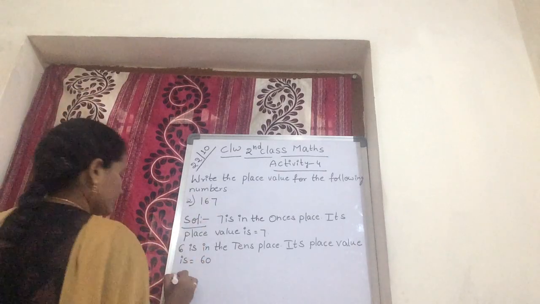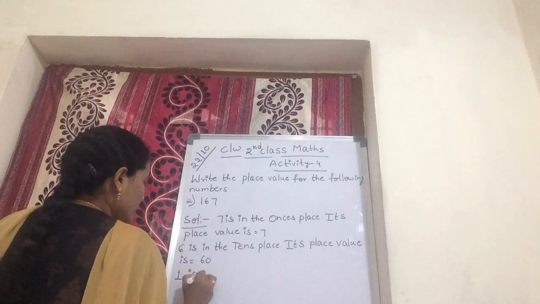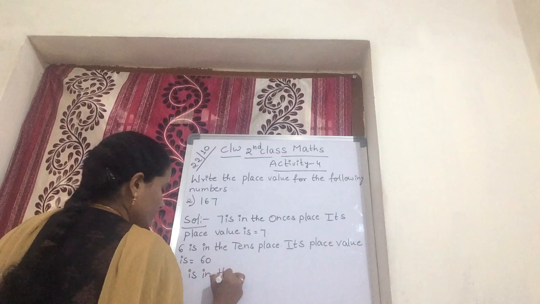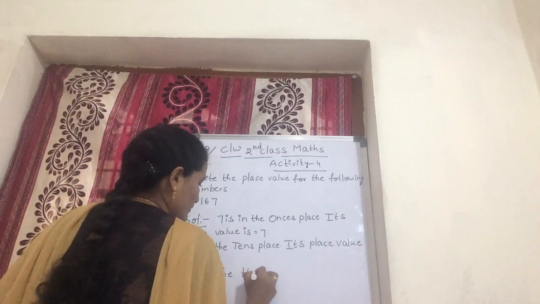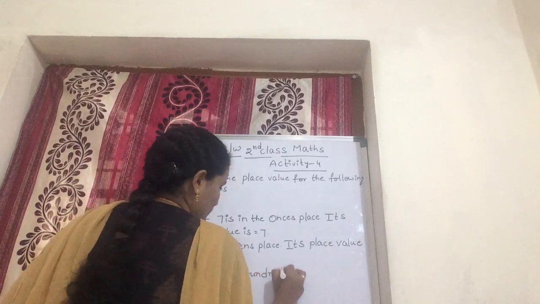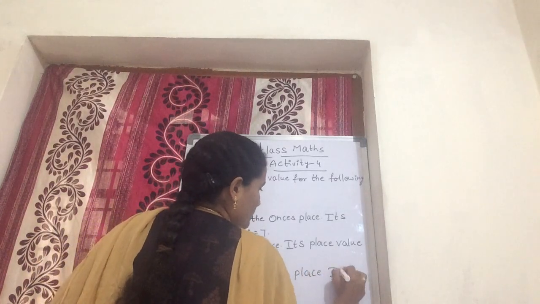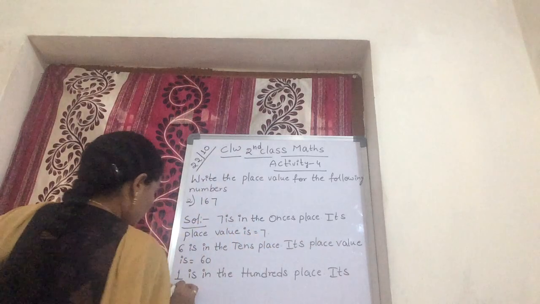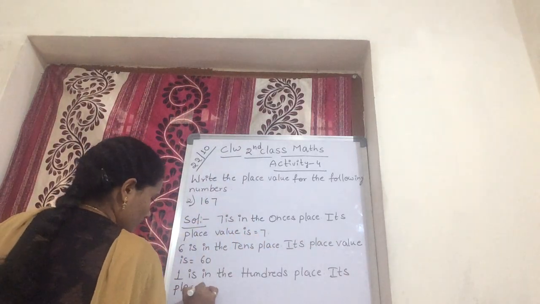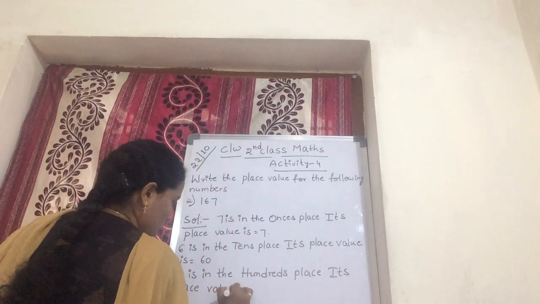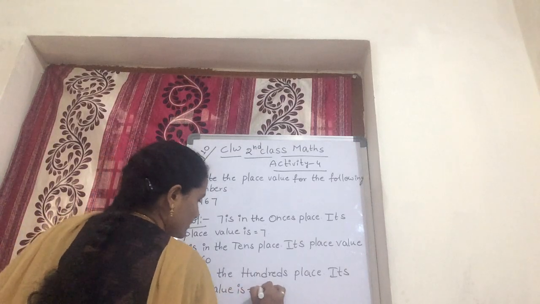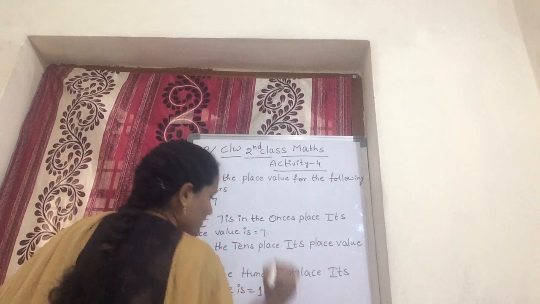Next one, 1. 1 is in the hundreds place, and its place value is 100. Okay, children, got it?